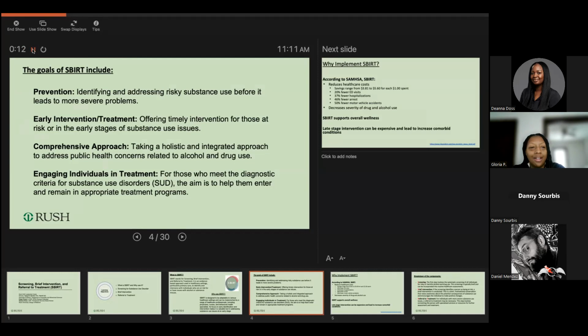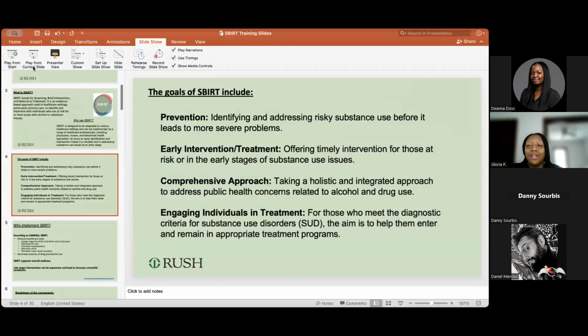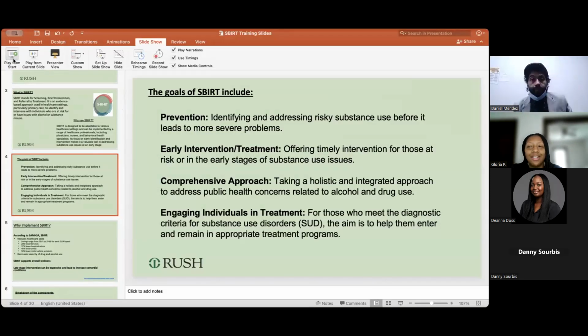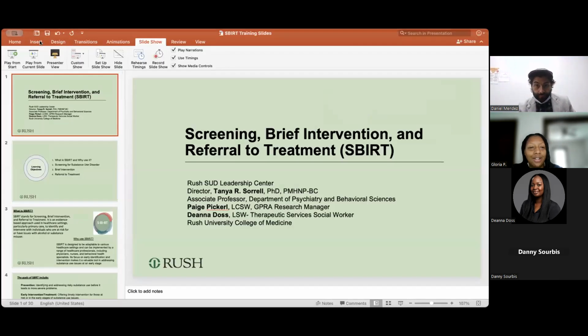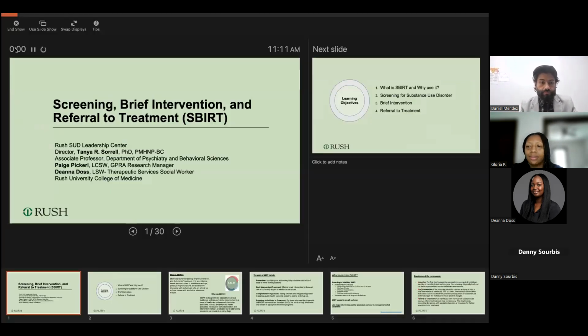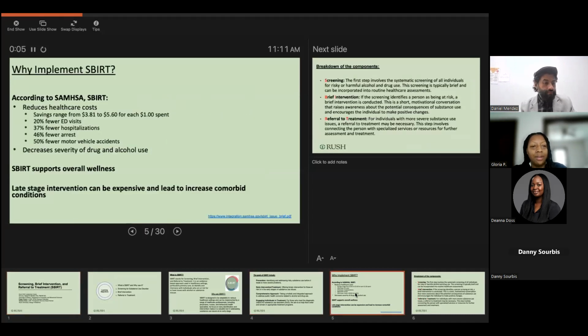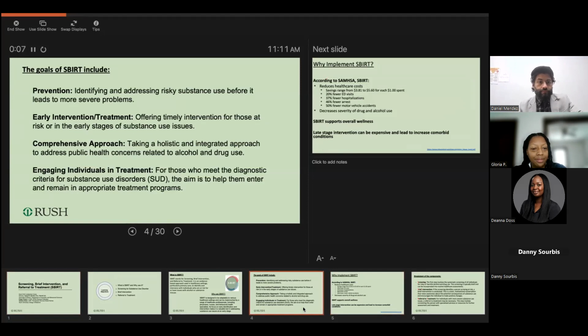Okay, so you only see one screen. I can still see the next screen coming up, but yeah, it's in presentation mode. Okay, sorry, I don't know what is going on with this. Okay, you know what? We'll just keep going. Sorry. That's okay.